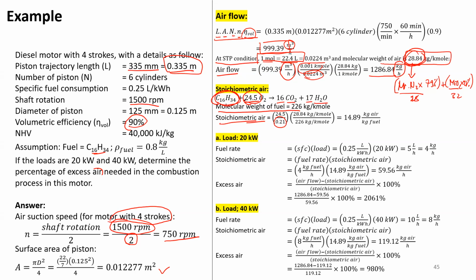So 24.5 based on the coefficients in here, divided by the percentage of oxygen in the atmosphere, 0.21, multiplied by the molecular weight of the air, divided by the molecular weight of the fuel, because we would like to get kilogram air per kilogram fuel.